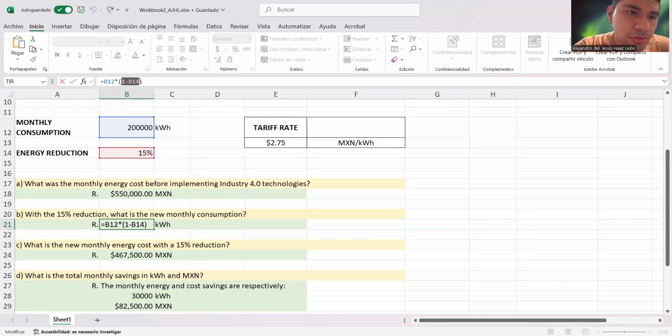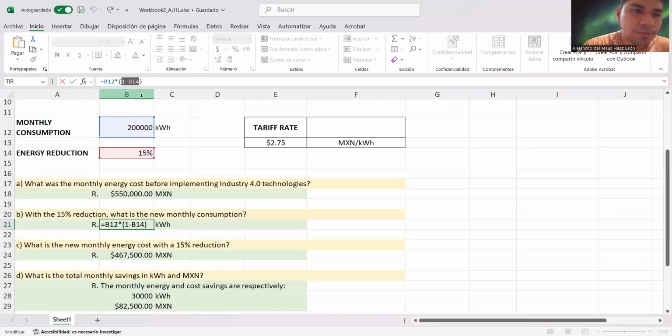So this is the reduction, but we need the new monthly consumption. So we just need to consider that this is the total consumption, such as how we are just multiplying the monthly consumption by one, but that is not what we want.